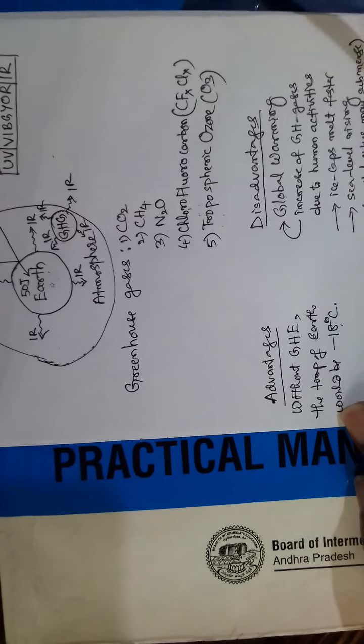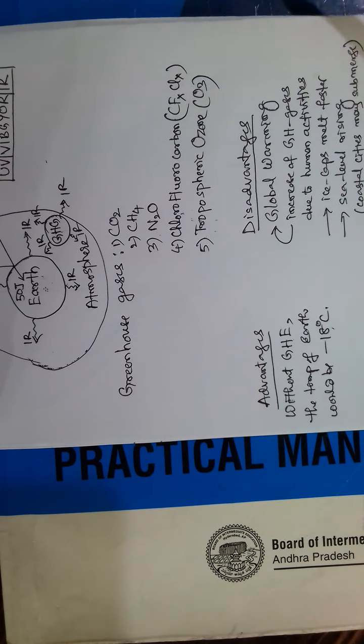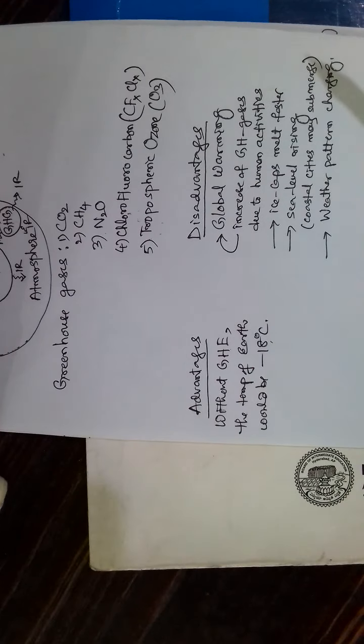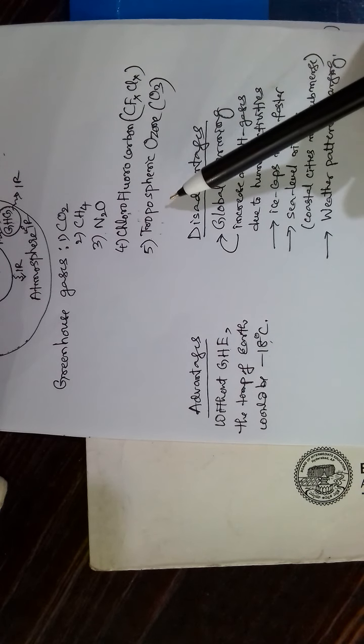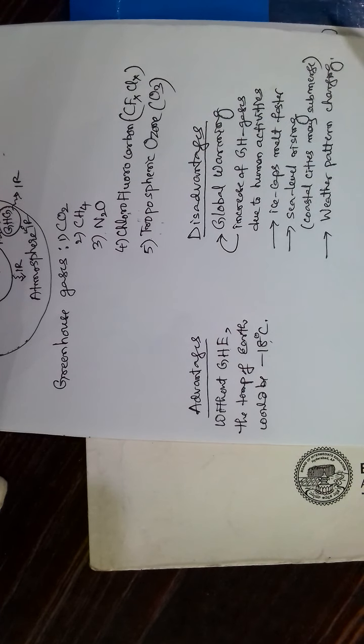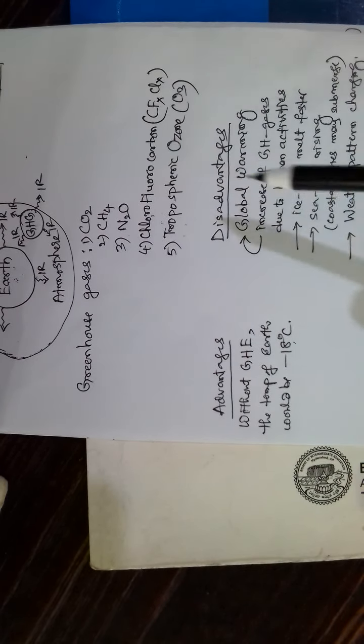Okay, then what are the disadvantages? Because of human activities, greenhouse gases are increasing day by day. How? For example, chlorofluorocarbons. These are released from refrigerators and other cooling systems.